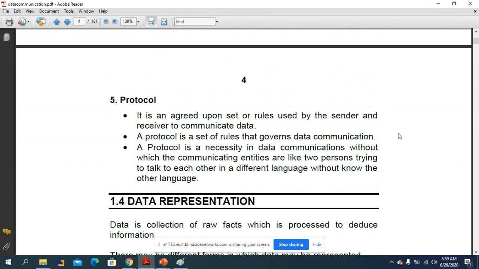And those protocols are always observed within a given area of communication.